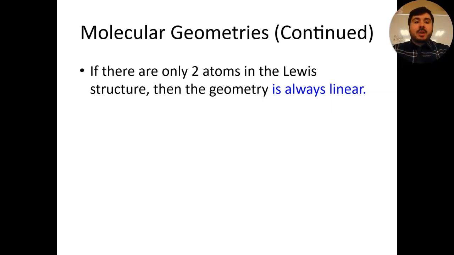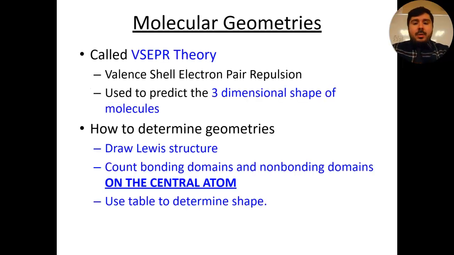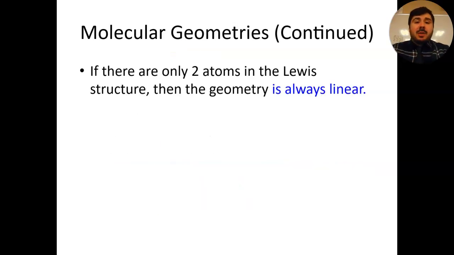How do we continue to actually use this table? It's pretty straightforward. Now, going back to what I mentioned about if there is no central atom, this helps explain that right away. If there are only 2 atoms in the Lewis structure, then the geometry is always linear.